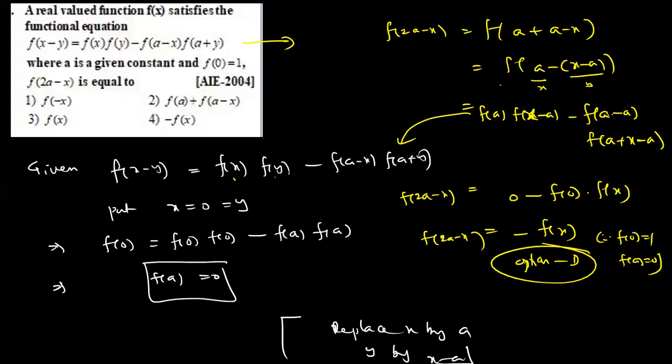What are we doing here? 2a minus x means split into two terms, that is a minus of (x minus a). Means replace x by a and replace y by x minus a. Then only you are getting LHS, RHS.